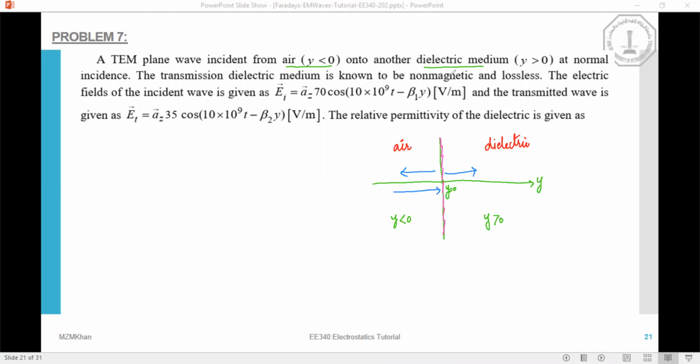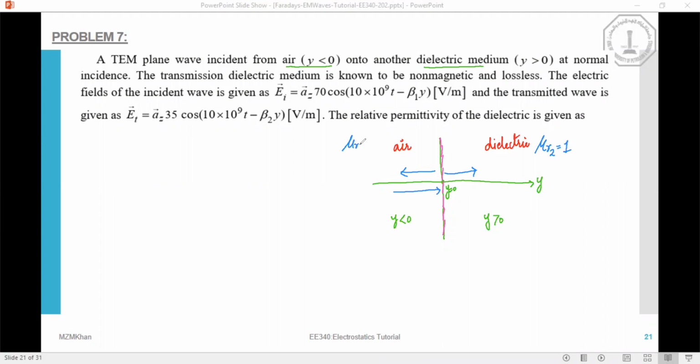Now, what is the question? The question is saying that the transmission dielectric medium is known to be non-magnetic and lossless. So this is my transmission medium. So it is non-magnetic. That means your mu r2 is nothing but 1, non-magnetic.